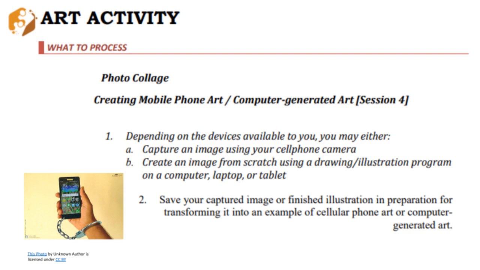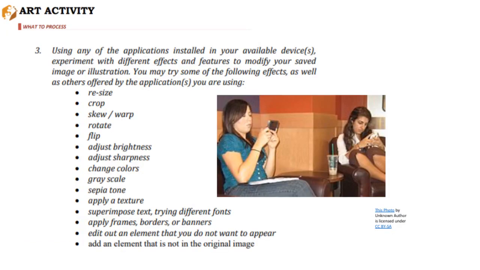Save your captured image or finished illustration in preparation for transforming it into an example of cellular phone art or computer-generated art. Using any of the applications installed in your available device, experiment with different effects and features to modify your saved image or illustration.